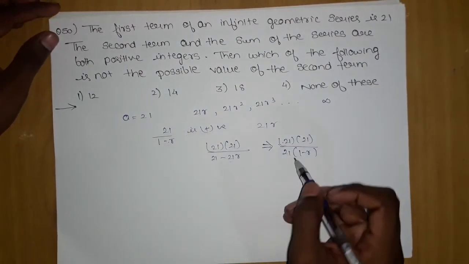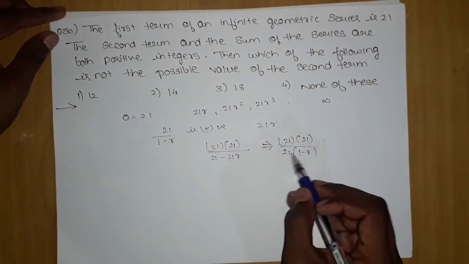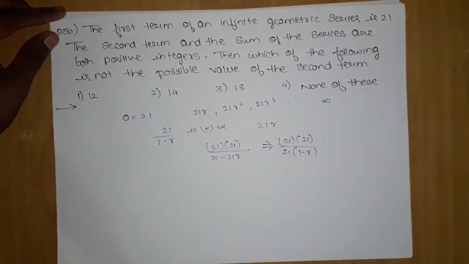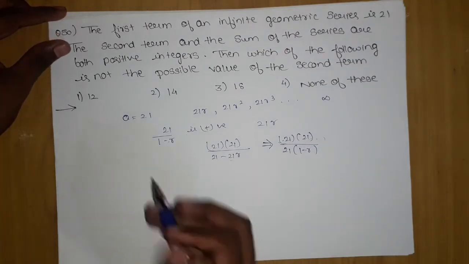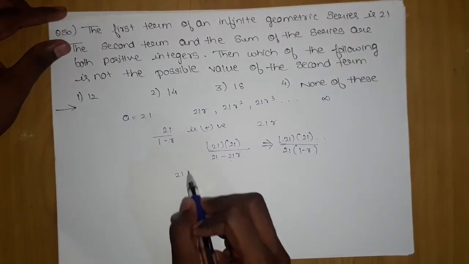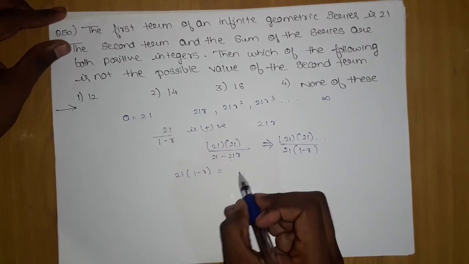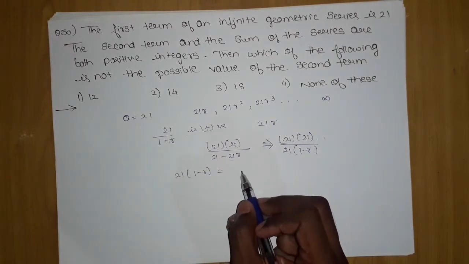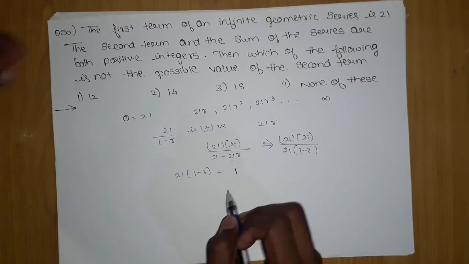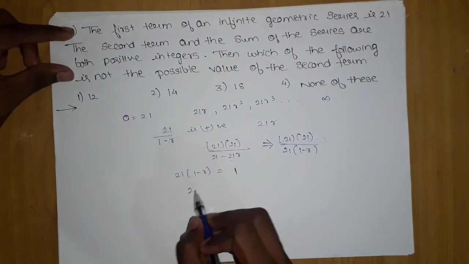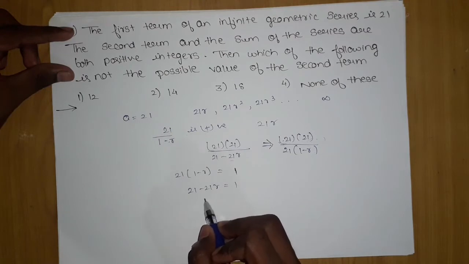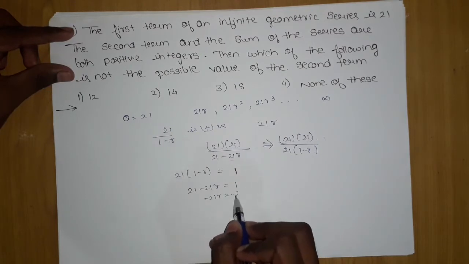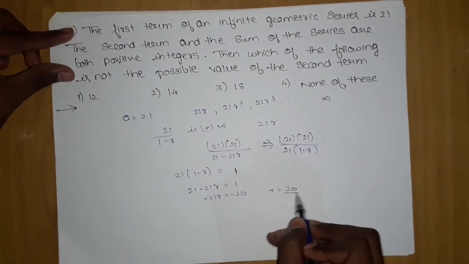For it to be an integer, r should be less than 1, but it should be positive, so we will check the values of 1 by r. If it is equal to 1, then 21 minus 21r should be equal to 1, giving minus 21r is equal to minus 20, so r is equal to 20 upon 21.